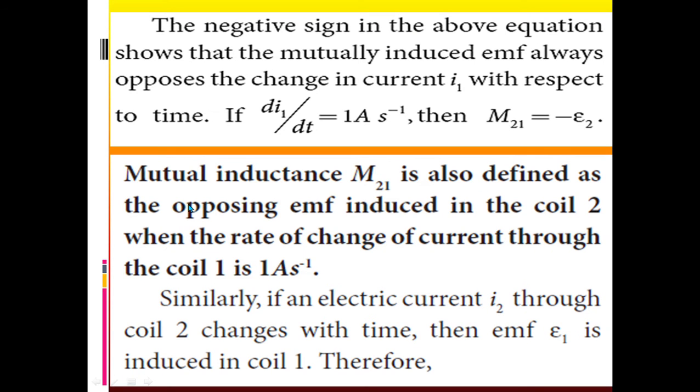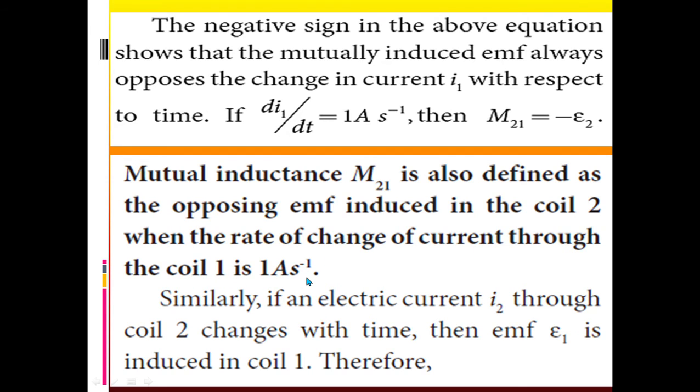So mutual inductance M21 is also defined as, this is another definition of mutual inductance, the opposing EMF induced in coil number 2 when the rate of change of current through coil 1 is 1 ampere per second.